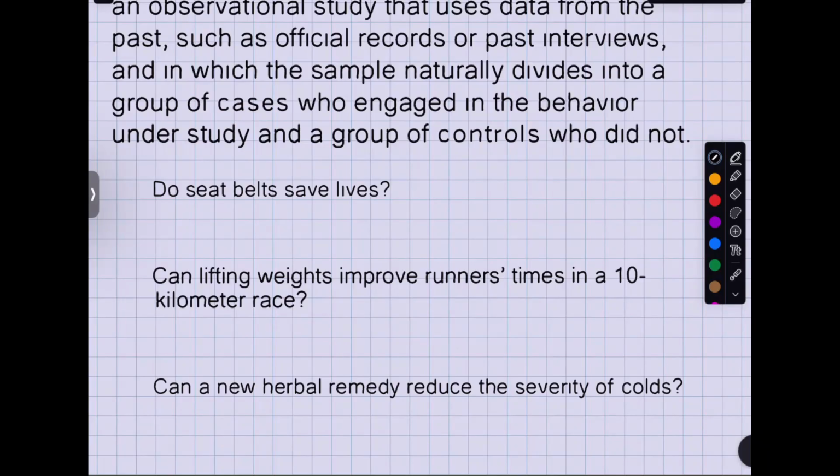Let's say they estimated that this person was driving at 65 and another at 35 and hitting a tree. So 30 miles an hour hitting a tree with a seatbelt, 65 miles an hour without a seatbelt hitting a tree, and how that compares. That's where the retrospective study would come into play.